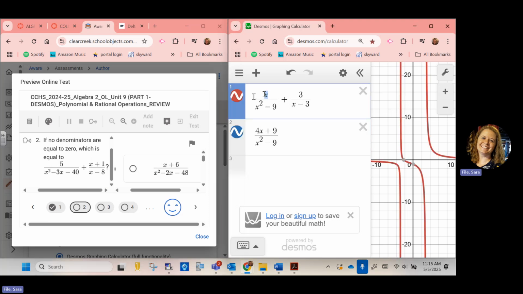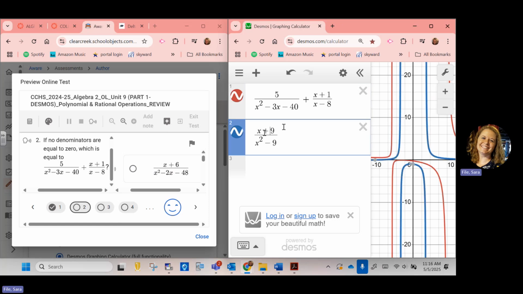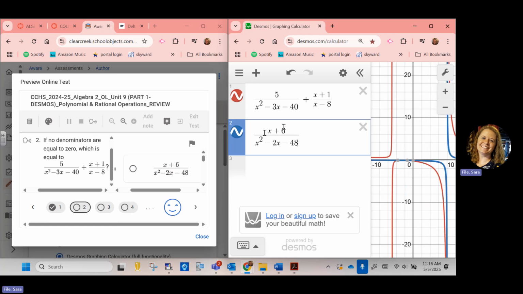So I change my original to 5 over x squared minus 3x minus 40, plus a numerator of x plus 1 and a denominator of x minus 8. Then the first answer choice is x plus 6 over x squared minus 2x minus 48.